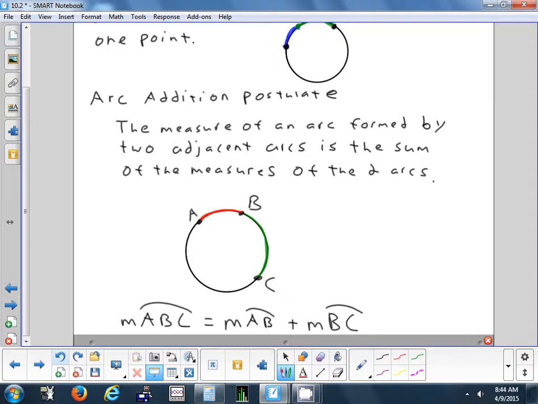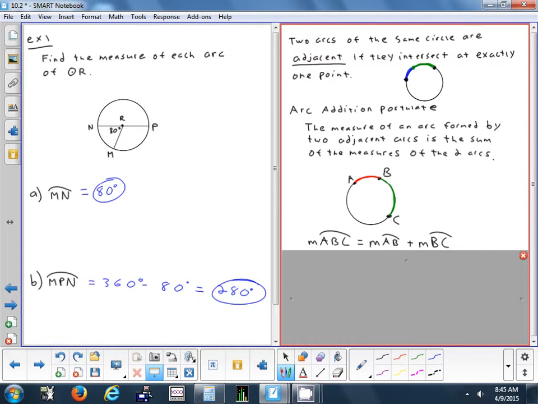Now I think we're good. The measure of arc ABC is arc AB plus arc BC. That's called the arc addition postulate. Any questions on that? Pretty simple idea, but it might come up in a more complex problem.